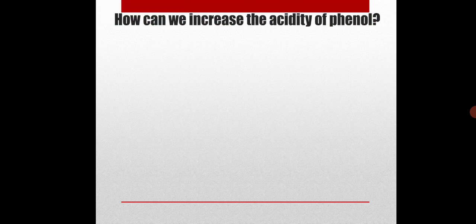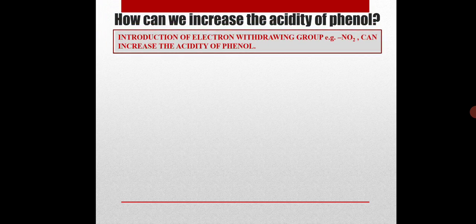The next question is, how can you increase the acidity of phenol? We can increase the acidity of phenol by introduction of an electron withdrawing group. Why? The answer is resonance.